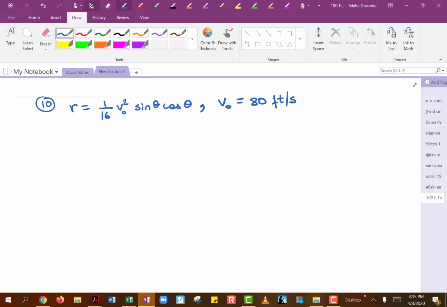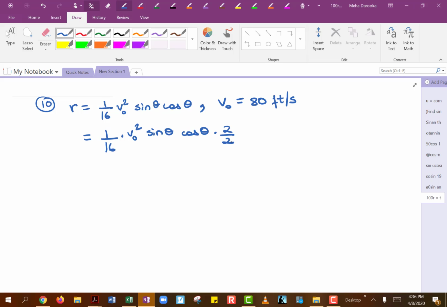Now, since they are talking about finding that maximum distance the ball travels, we will also go ahead and rewrite our angle here in the sine of a multiple angle term.